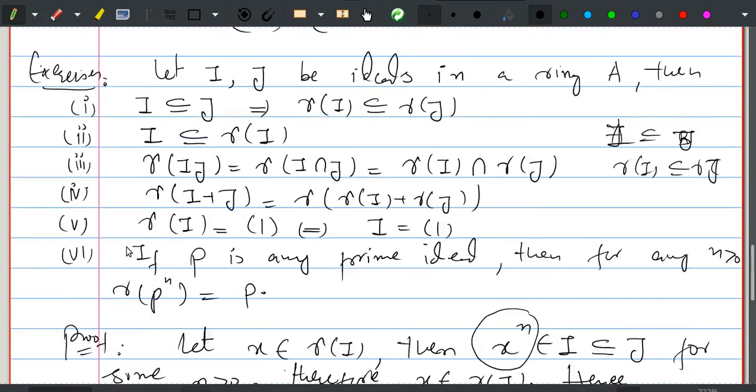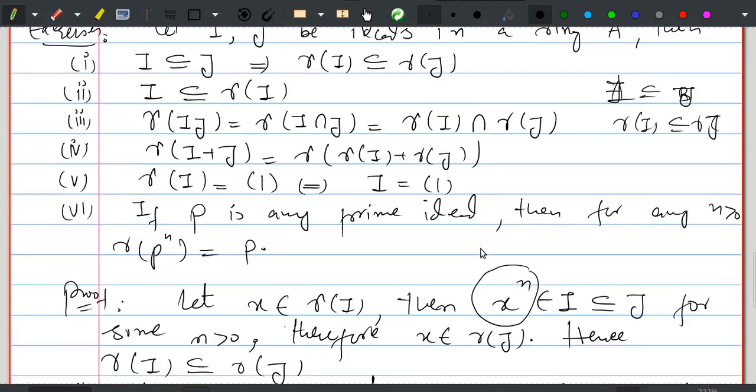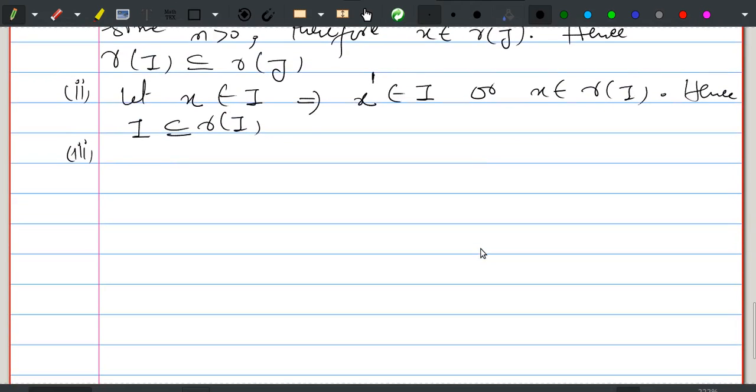So we have to prove the radical of the product is the radical of the intersection is the intersection of the radicals. So now let us prove this.